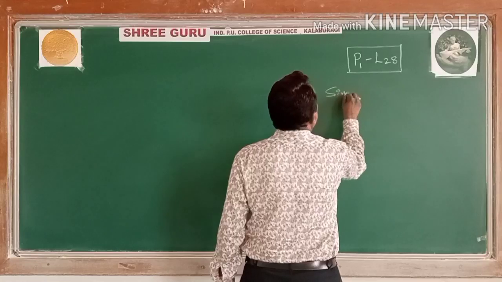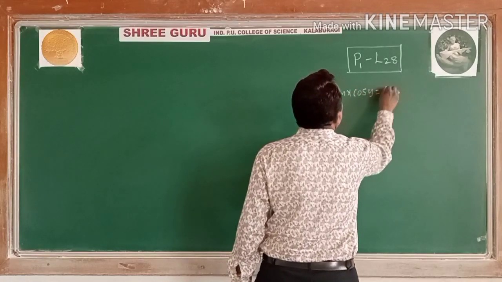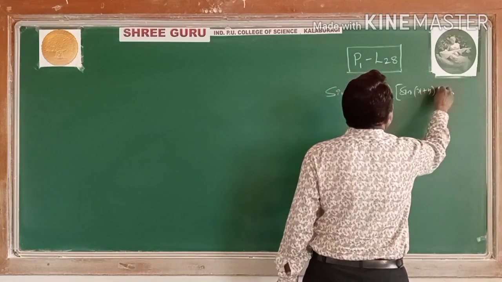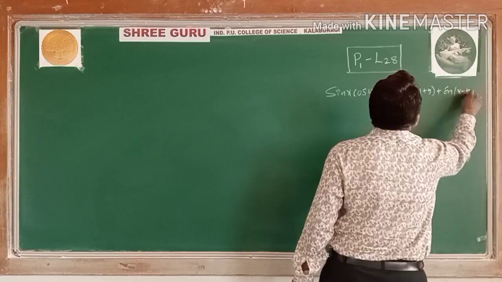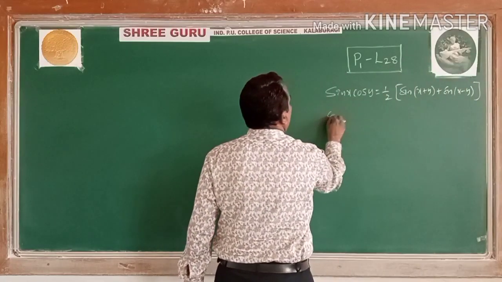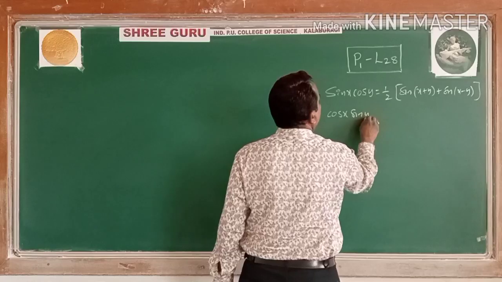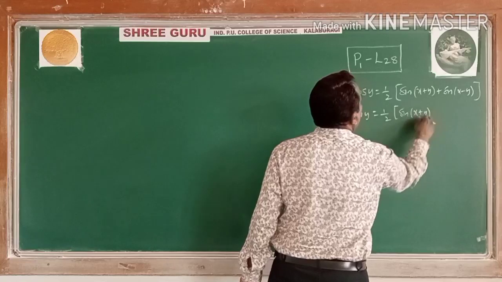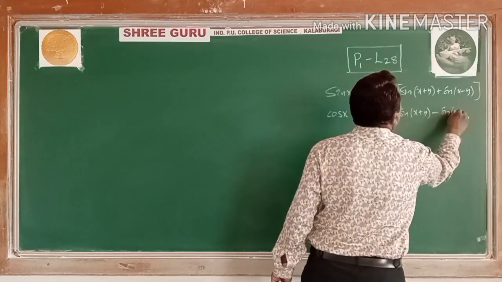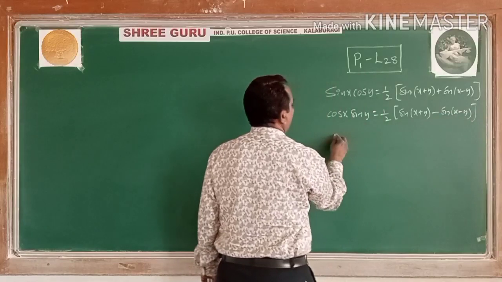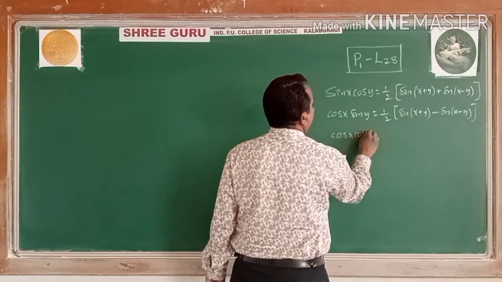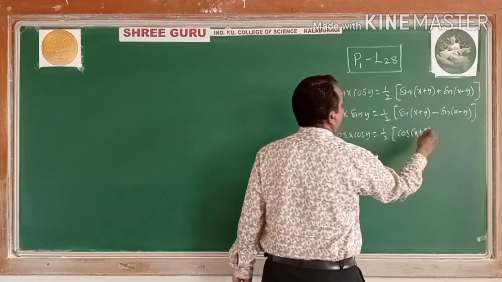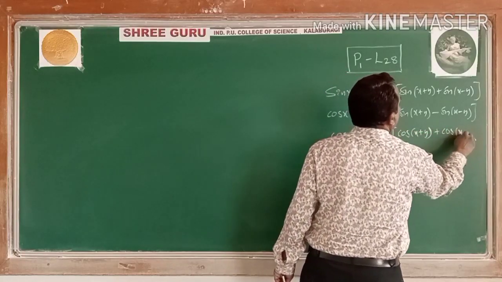Sin X into cos Y equals 1 by 2 into sin of (X plus Y) plus sin of (X minus Y). Cos X into sin Y equals 1 by 2 into sin of (X plus Y) minus sin of (X minus Y). Cos X into cos Y equals 1 by 2 into cos of (X plus Y) plus cos of (X minus Y).